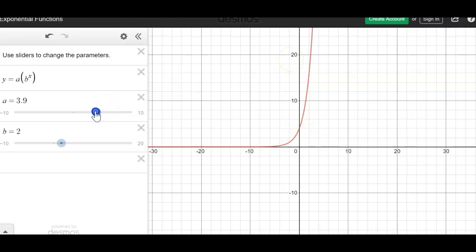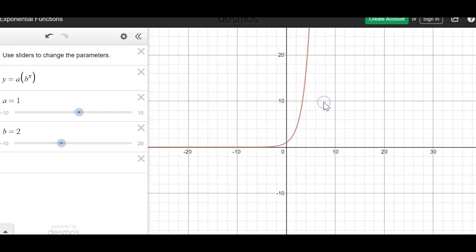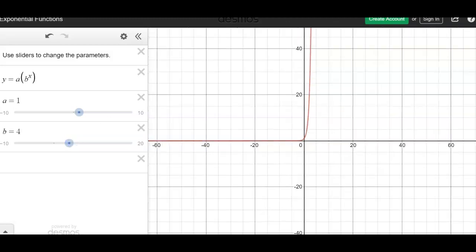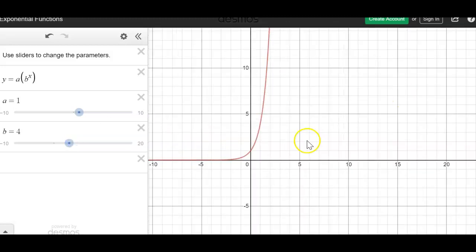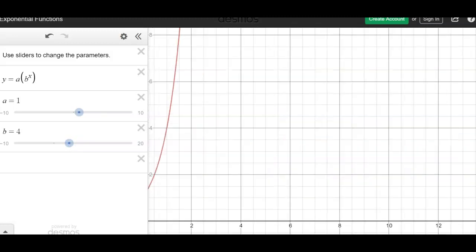But what makes a function grow even faster? Let's go back to a equals 1. What's going to make a function grow even faster than changing a is when you change b, right? Change the ratio a little bit and look how much faster it grows, right? Change the ratio to b equals 4. It grows incredibly fast. Let me zoom out a bit. Rather, zoom in. Maybe it's better to zoom in, actually.